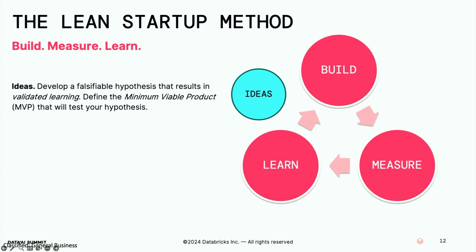You create a hypothesis that makes a clear statement of what you think is going to happen as a result of your product. And then you design tests for this hypothesis so that you can, with data, validate your learning, whether this hypothesis might be true or false.